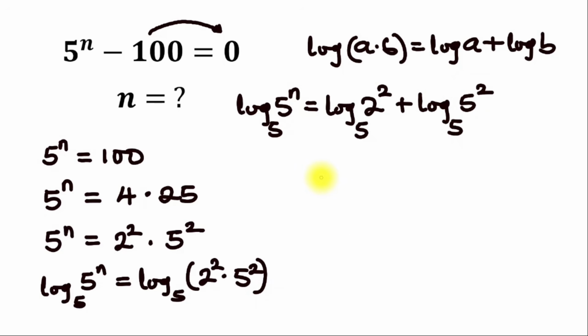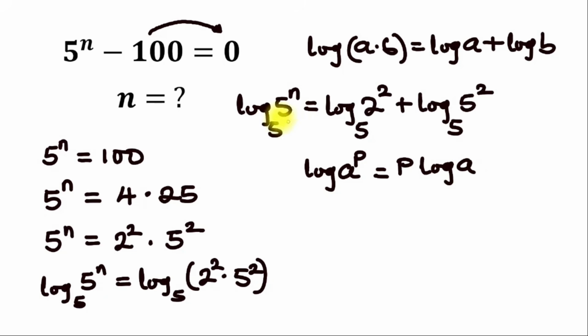Now, we have another important property of logarithm that we're going to be using. And this is log a to the power of p. Well, this is the power law of logarithm. When we have an expression like this carrying an exponent, this can be written as p, which is the exponent, times log base a.